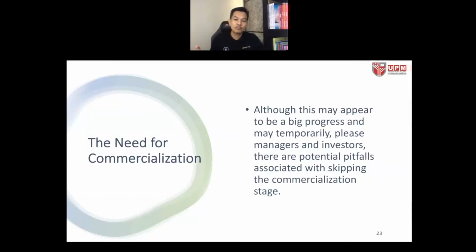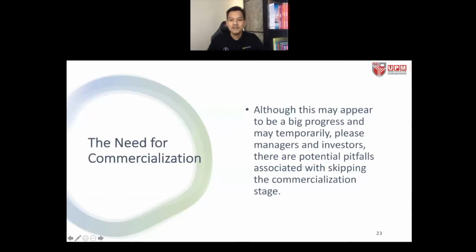Sometimes a product that goes into commercialization will just submerge into the valley of death, where it does not materialize to become a business, right? It will just go into commercialization and fail. It doesn't mean that when you go through the steps of commercialization, you will get a success story, right?